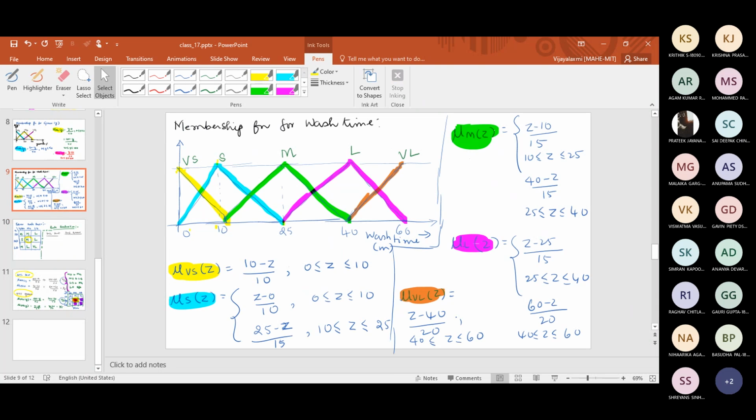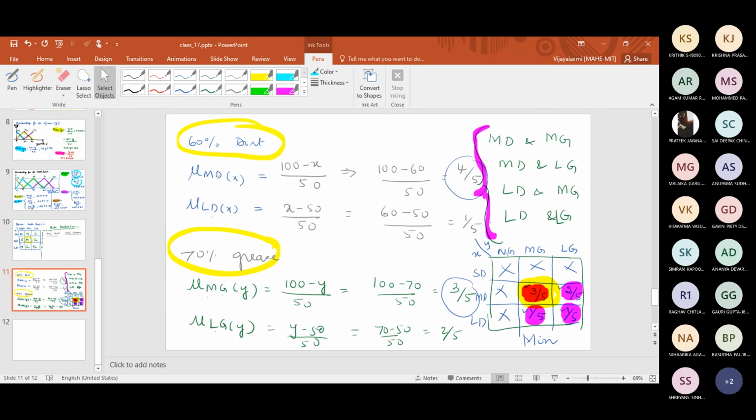M corresponds to medium. M is from 10 to 25, 25 to 40. Corresponding to M, you take down these values, Z minus 10 by 15 and 40 minus Z by 15.